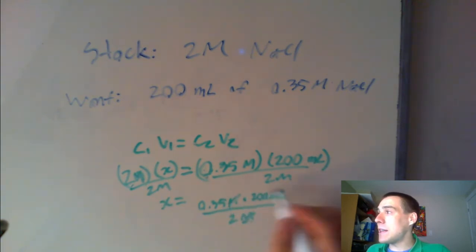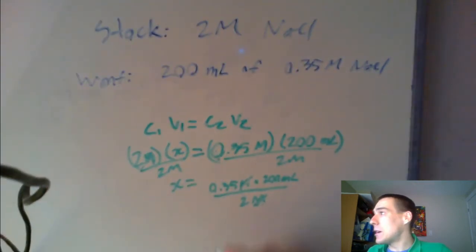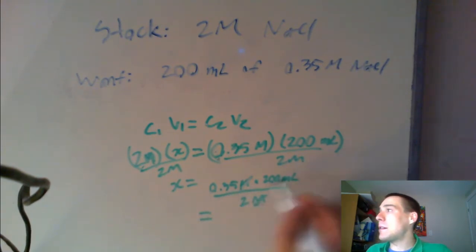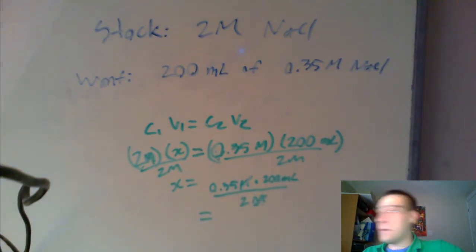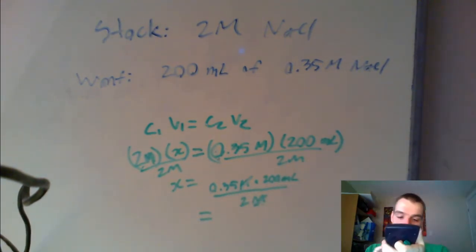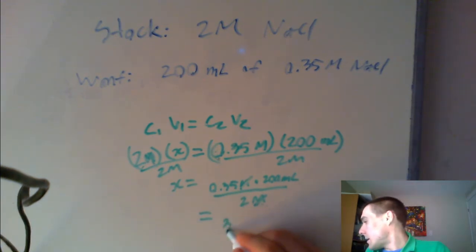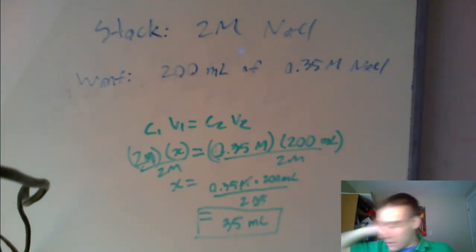I'm just going to have milliliters as my final answer. From that, it's just a calculator thing. 0.35 times 200 divided by 2. It says I need 35 milliliters of my stock. Right, 35 milliliters of stock.